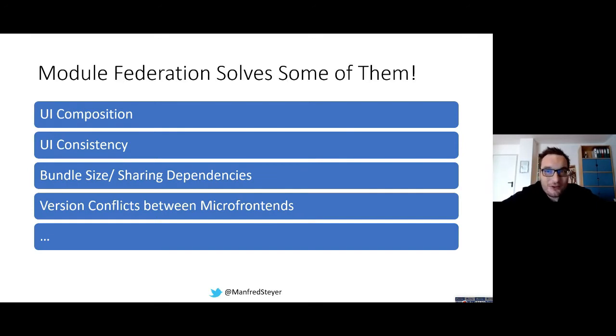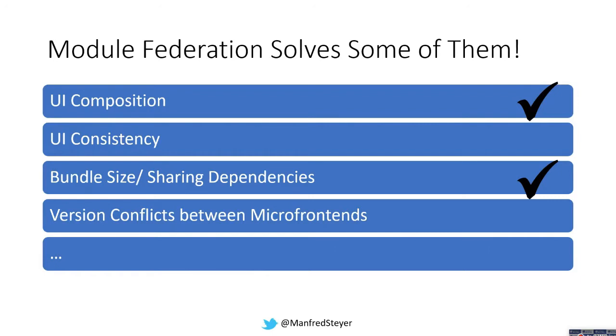Well, I have a good message for you. Module federation, which I'm talking about today, is solving most of those issues, more than half. It is solving UI composition. It is solving the bundle size issue by allowing you to share dependencies, and it gives you some strategies to deal with version conflicts.